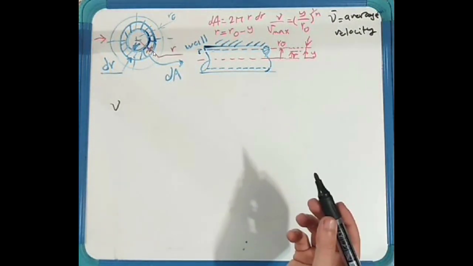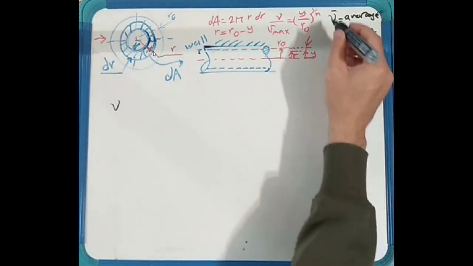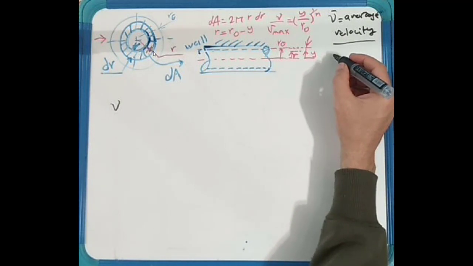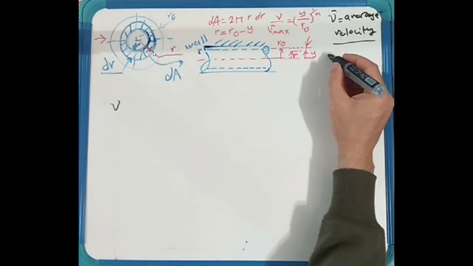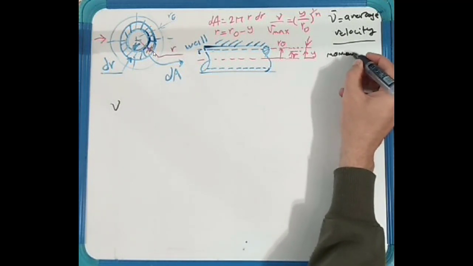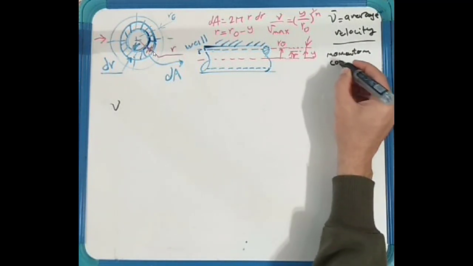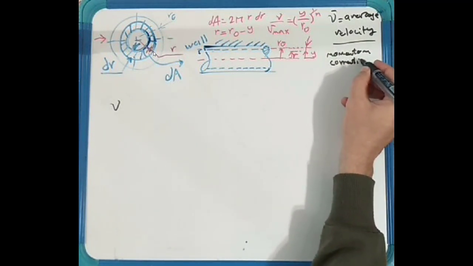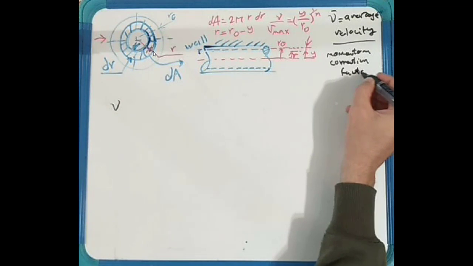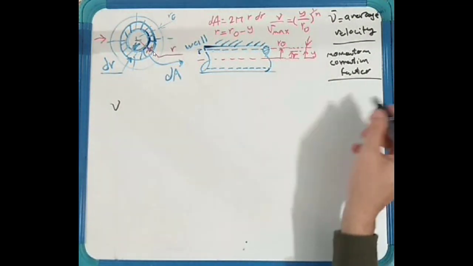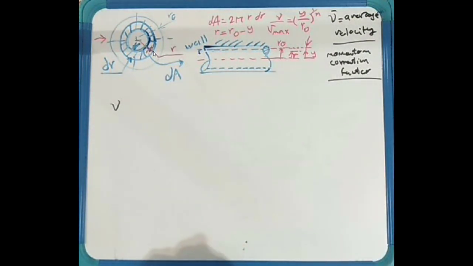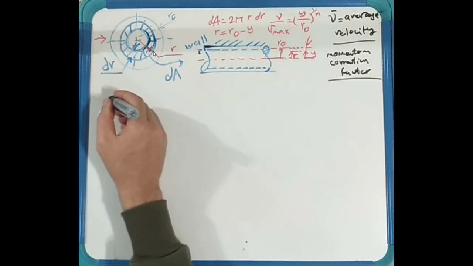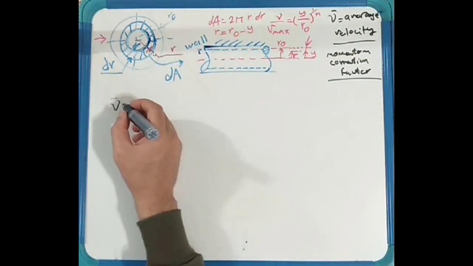In this session, I want to just find the average velocity and momentum correction factor. Momentum correction factor will remain for another session, or you can do it by yourself.